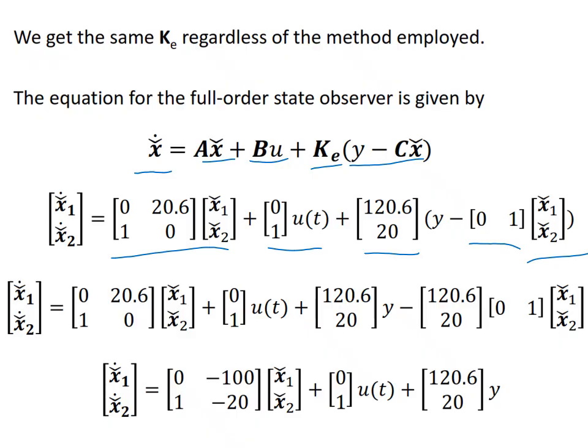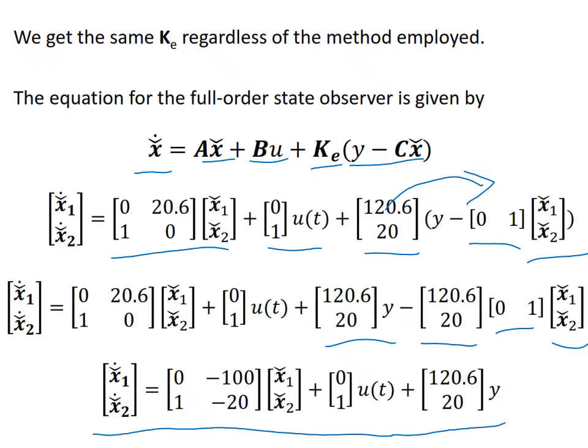We will multiply the matrix inside the bracket. We get 120.6, 20 times Y minus 120.6, 20 times 0, 1 times x1 hat, x2 hat. Then we will have the final equation, which is like this.